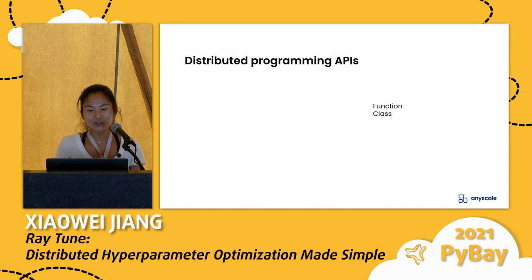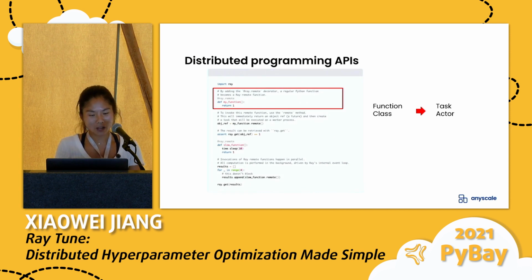So I think Jules also mentioned this. So let's maybe look at some code examples. So as programmers, we're familiar with functions and classes. And Ray in the distributed world maps them to tasks and actors. Let's say I have defined my function, which is a normal function that can run locally.